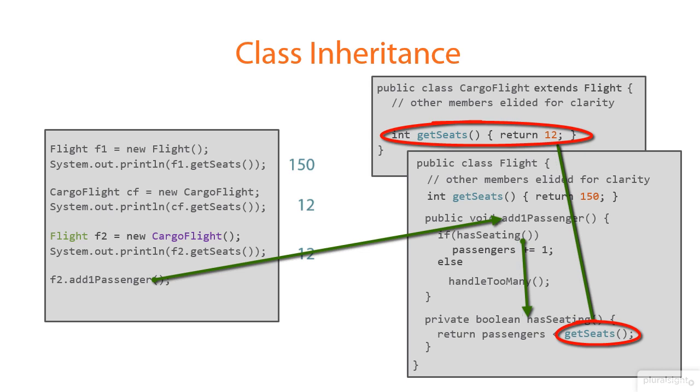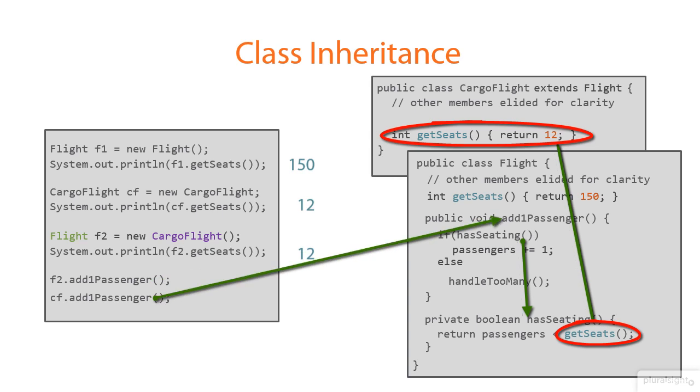So it would only allow us to add 12 passengers. And that works whether we have a reference like F2 of type flight or a reference CF of the appropriate type cargo flight. The method in the base class is actually being overridden, assuring that the appropriate method implementation gets called based on the type of object created, not the type of reference used.